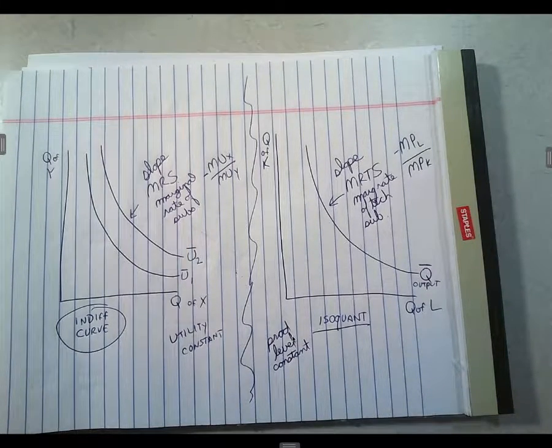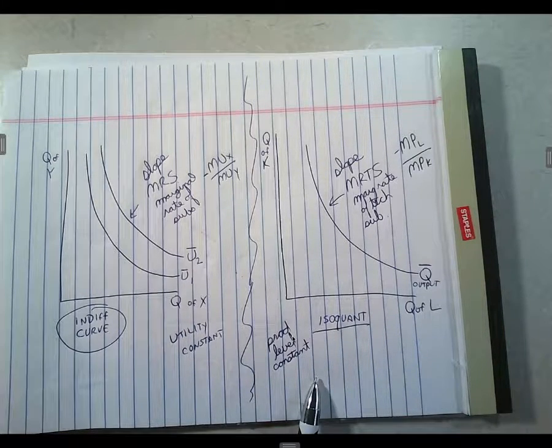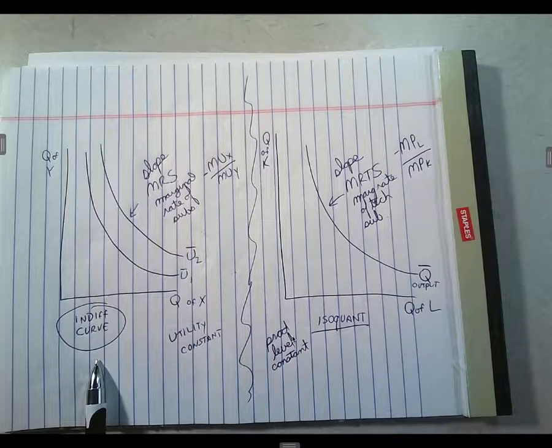Look how similar these are. Your understanding of the previous chapter in terms of the indifference curve has the same logic for our understanding of the production side of things. Here, I was trying to describe how consumers make decisions.